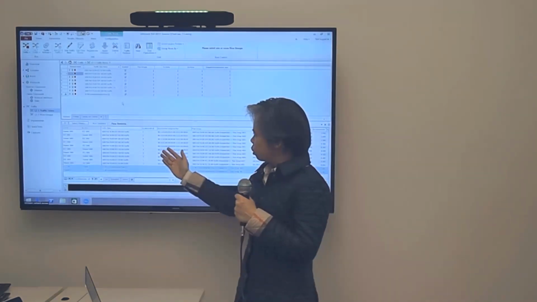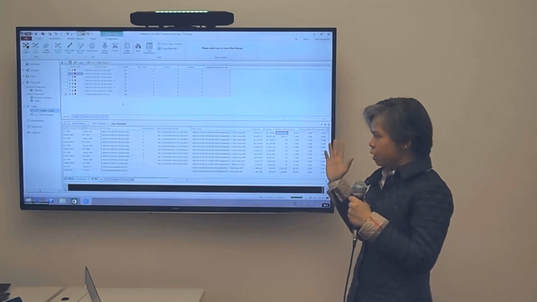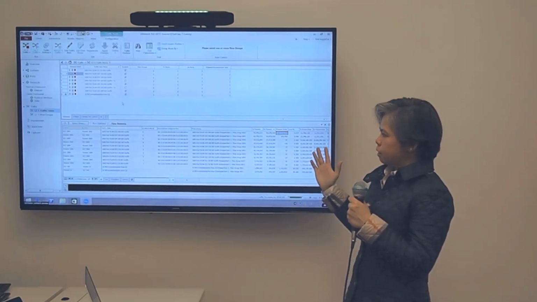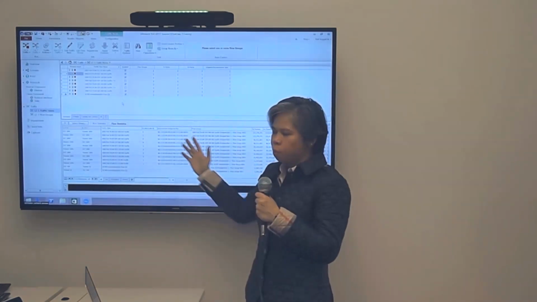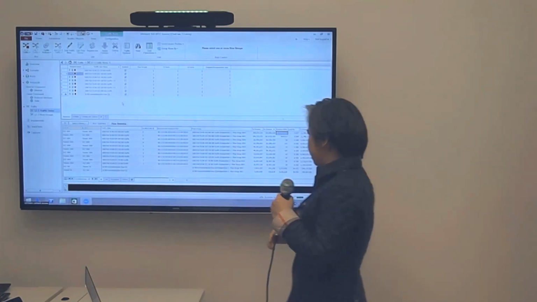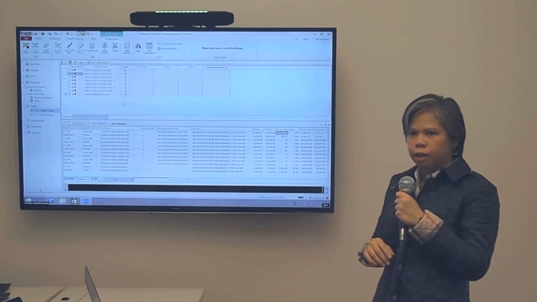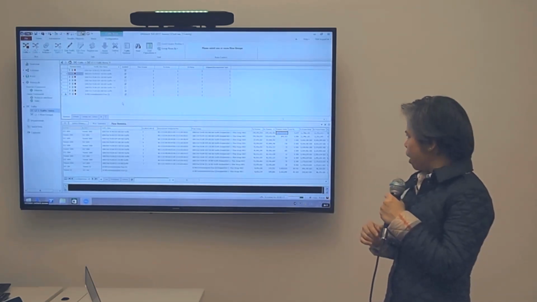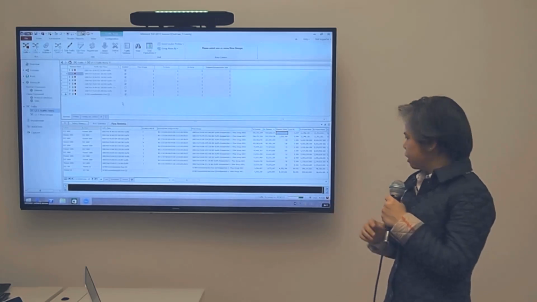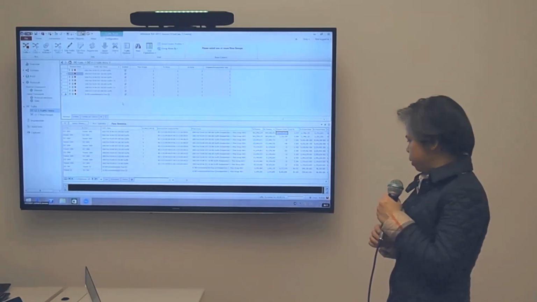For VLANs 1, 2, 3, and 4, because they are hard isolated, there should be no packet loss except for VLAN 5. So now it is running, we will let it run for a while, and we'll see later how much packet loss we have.